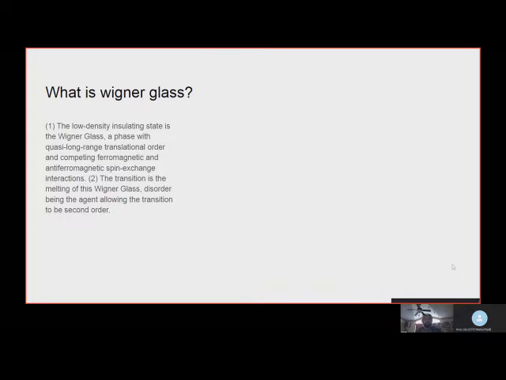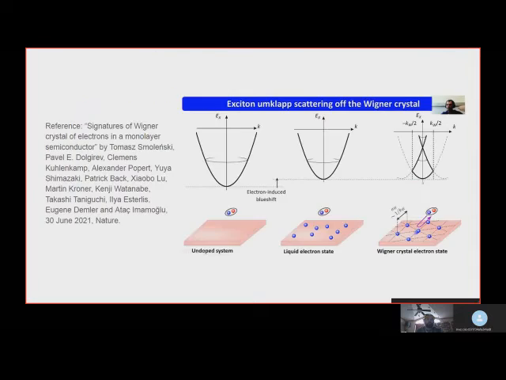The low density insulating state is the Wigner glass, a phase with quasi-long range translational order in competing ferromagnetic and antiferromagnetic spin exchange interactions. The transition is the melting of the Wigner glass, allowing the transition to be second order, which is right here.